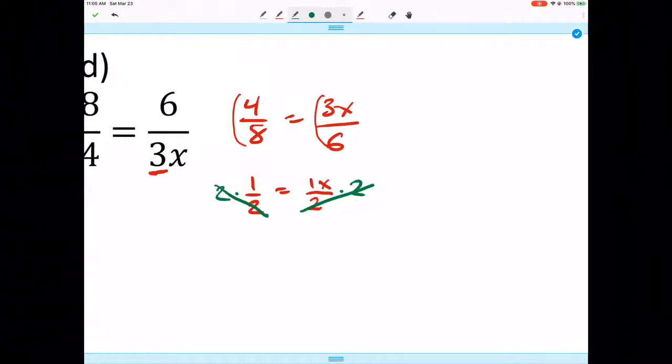That cancels, and we end up getting x equals 1. If you didn't realize that it simplifies really quickly, you could do it the longer way, and I will go ahead and do that as well. We could multiply both sides by 6. That's as far as I can go, though.